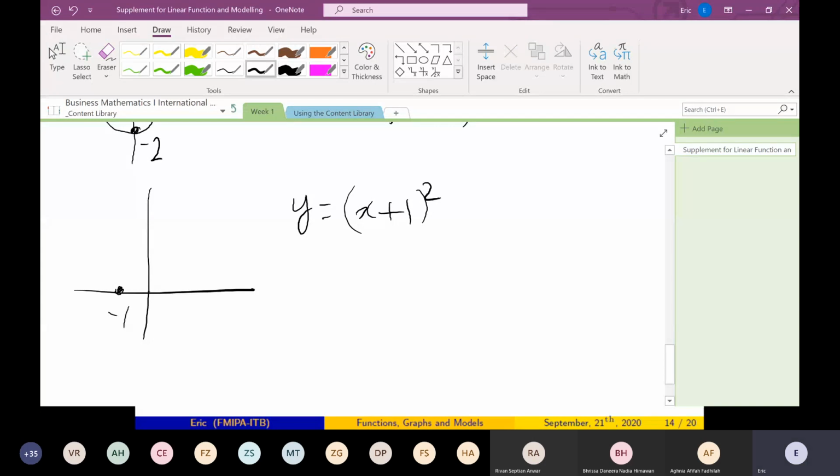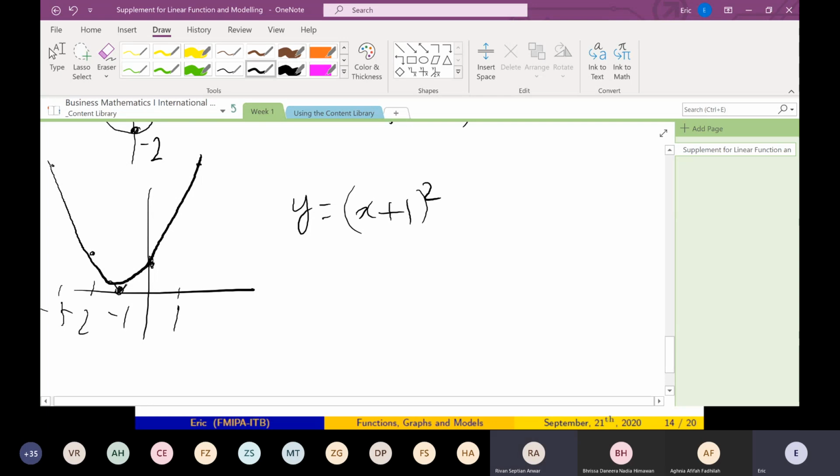What about when 0? 0 plus 1 should be 1. What about when 1? 1 plus 1, 2, squared is 4. What about minus 2? Minus 2 plus 1 is minus 1. Minus 1 times minus 1 is 1. Okay, yeah? And minus 3, you have 1, the same. So you have this kind of figure. Sorry, it passes through this.